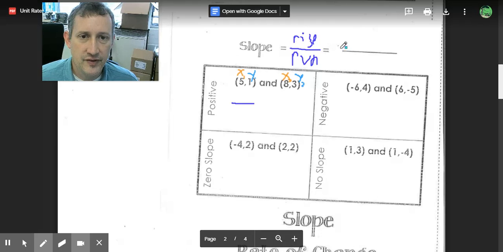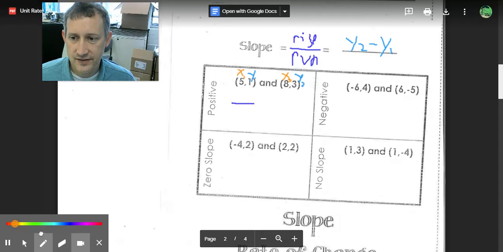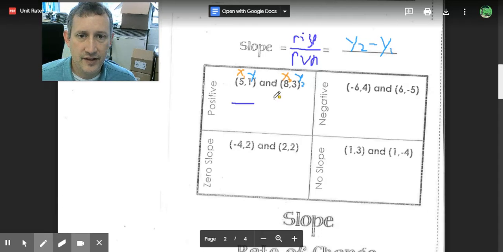And how do we do rise over run? Well, to see how much it's gone up or down, I just subtract the y's from each other. So I'm going to do y2 minus y1, because I want to keep it positive. And then, how far back and forth? Well, you just take one of your x's and subtract it from your other x. That tells you how far you've gone back and forth. x2 minus x1. Okay?